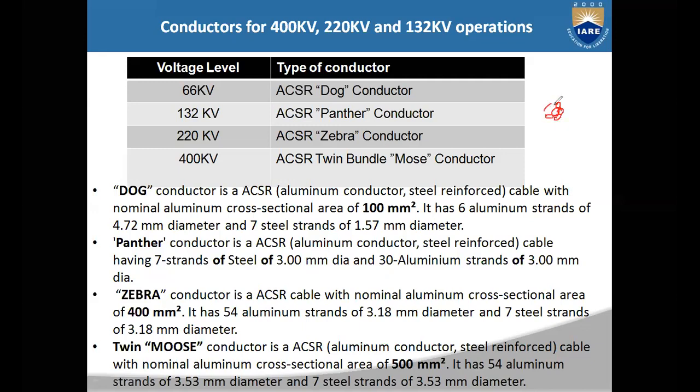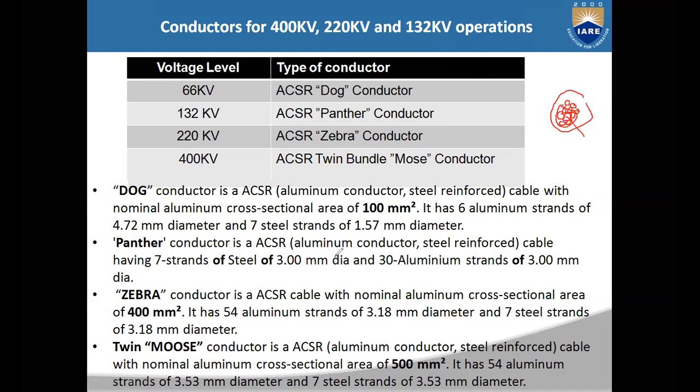Suppose you have steel reinforcements on this conductor, you have another layer, and on this again you may have other layers. So the first two layers may be steel conductors and the other layers will be aluminum conductors. In such a case, it is called an ACSR conductor.